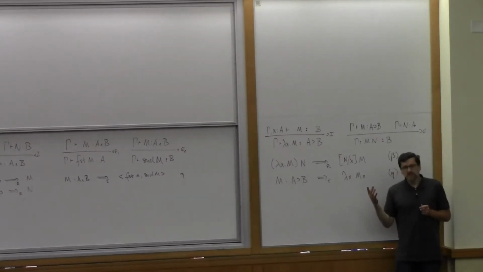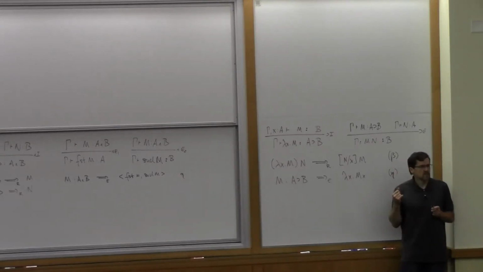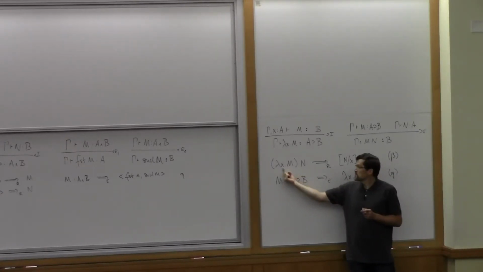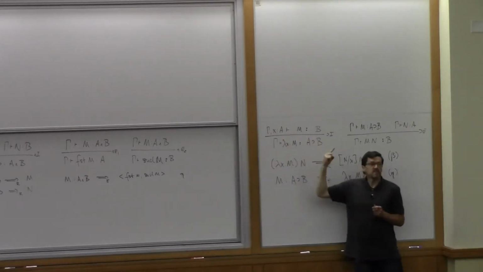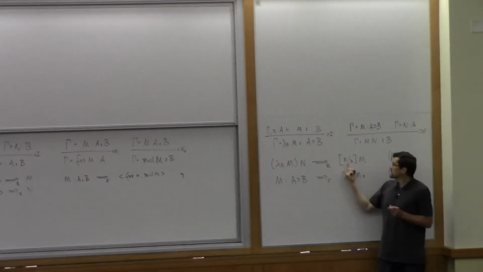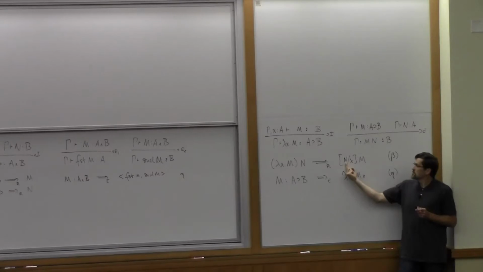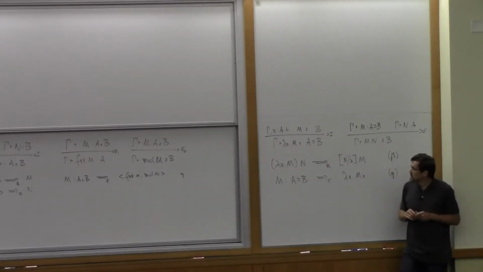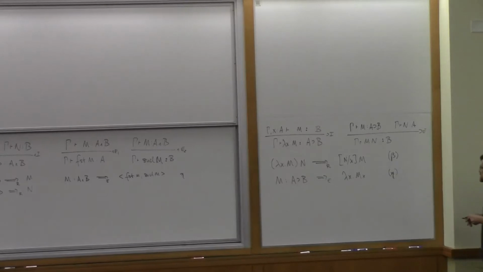But it's actually not a reduction if you think about the size of the term. The reason is that if the variable x occurs multiple times in m, which corresponds to using an assumption multiple times in a proof, then after you do the reduction, this term here will be replicated in m. So the result of the reduction may actually be much bigger. Okay, so we should keep that in mind.